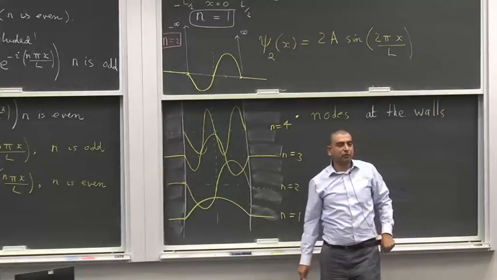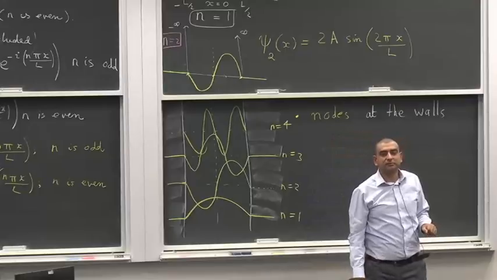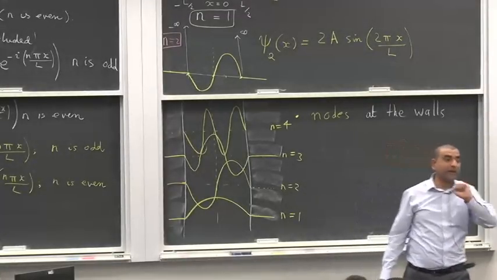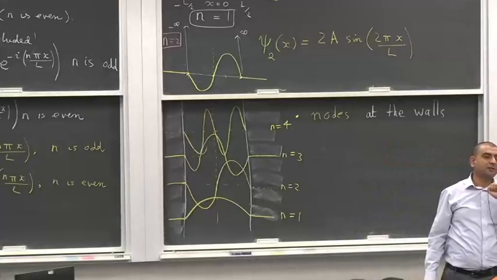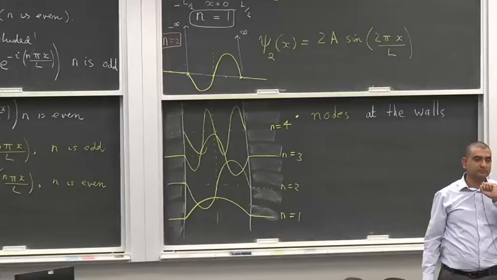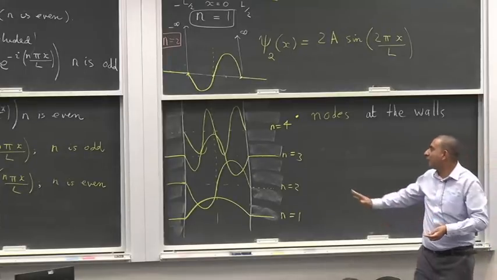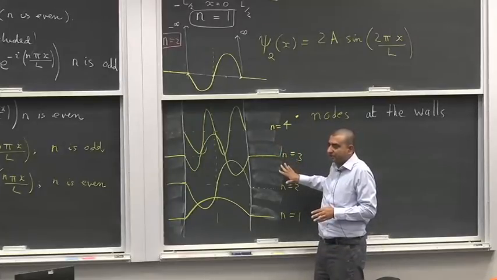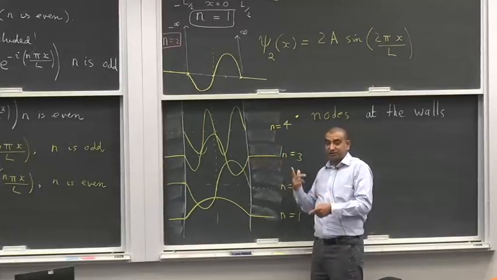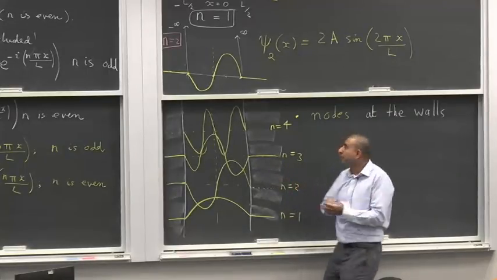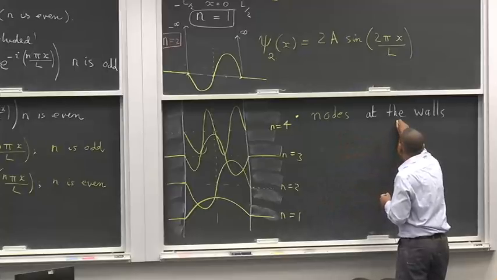Why do we have nodes at the walls? Right. So beyond the walls, the wave function has to be 0 because this is the forbidden region. Therefore, at the walls, the wave function must be 0 because the wave function has to be continuous. We cannot have a wave function of this kind.